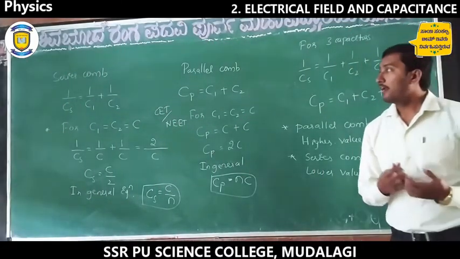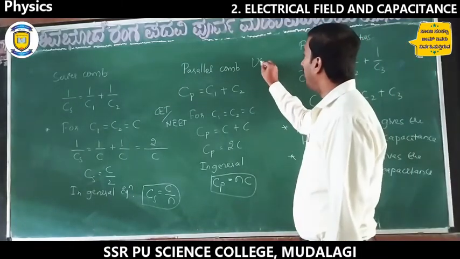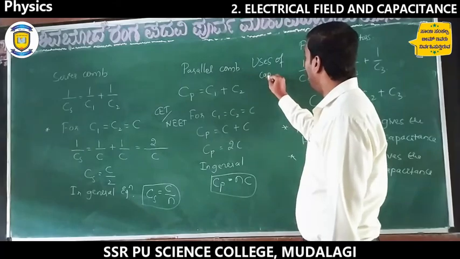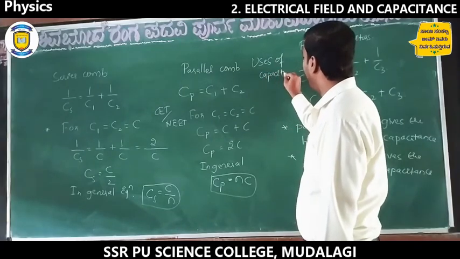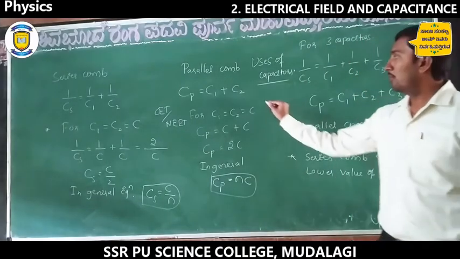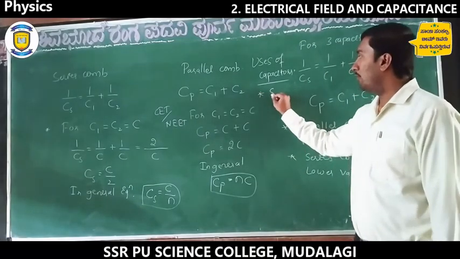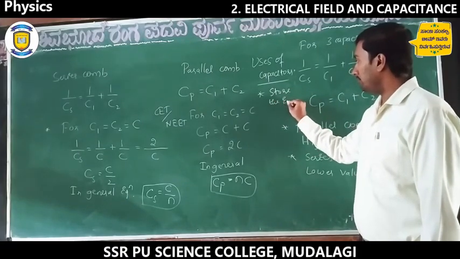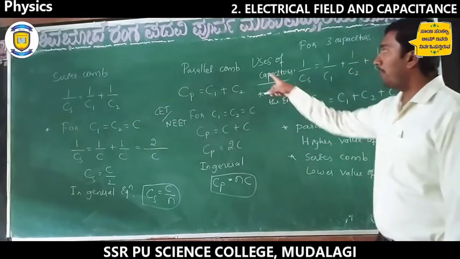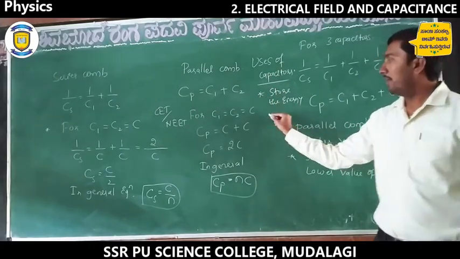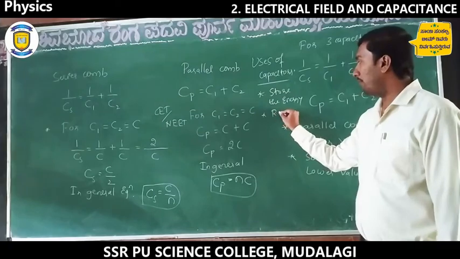Next last one is the uses of capacitors. capacitors ಅನ್ನ ನಾವು ಎಲ್ಲಿ ಯೂಸ್ ಮಾಡಬಹುದು? Uses of capacitors. Okay, general uses of capacitors: first, to store the energy. capacitors ಅನ್ನ ಎದಕ್ಕೆ ಯೂಸ್ ಮಾಡ್ತೀವಿ ಅಂದ್ರೆ ಎನರ್ಜಿ ಸ್ಟೋರ್ ಮಾಡಕ್ಕೆ ಯೂಸ್ ಮಾಡ್ತೀವಿ. ನೆಕ್ಸ್ಟ್ ರೆಕ್ಟಿಫೈಯರ್ಸ್ ಆಗಿ ಯೂಸ್ ಮಾಡ್ತಾರೆ.